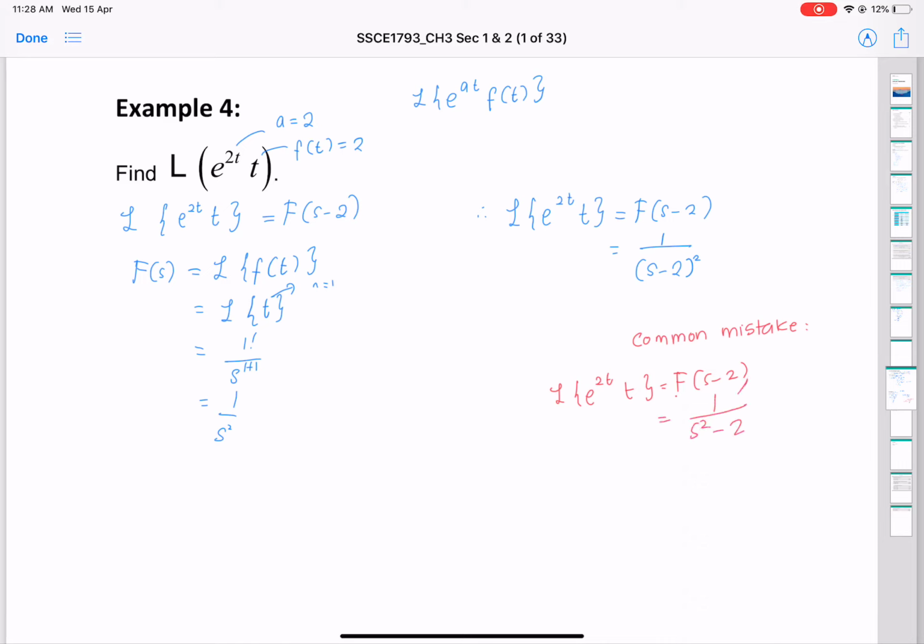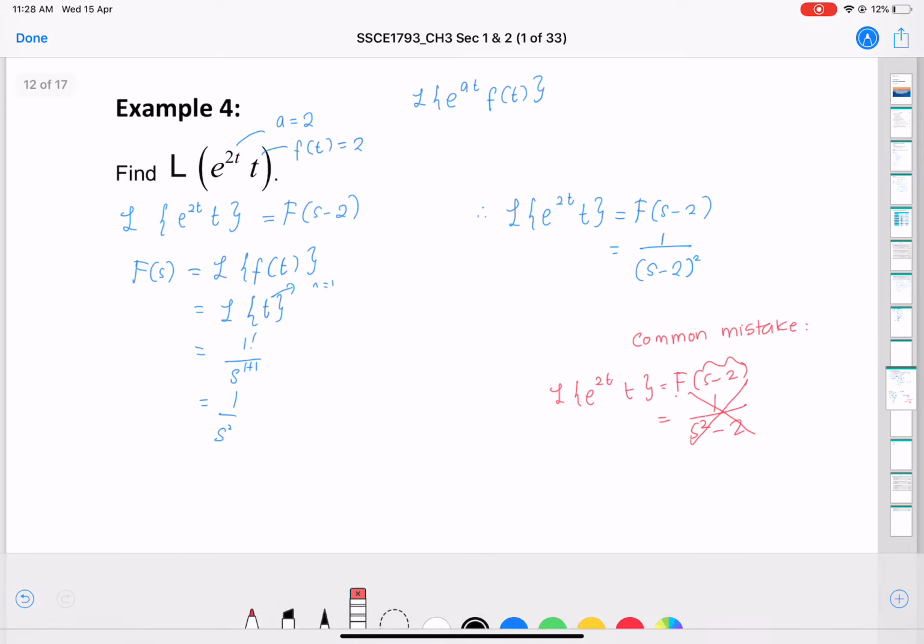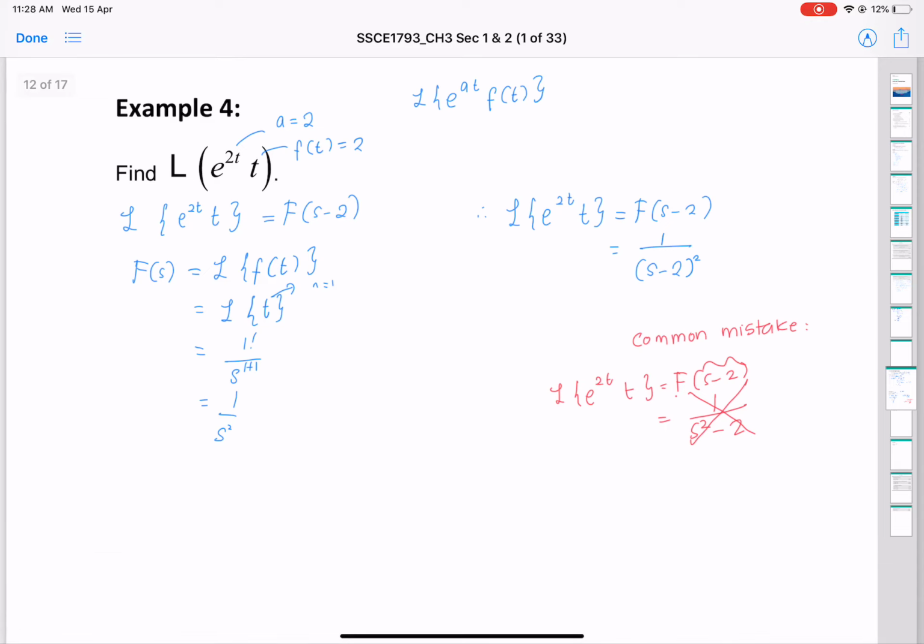So this is wrong. You should see that we have the whole term in the bracket to be s minus 2. So here you must replace your s with s minus 2. Okay, please do not repeat the same mistake.